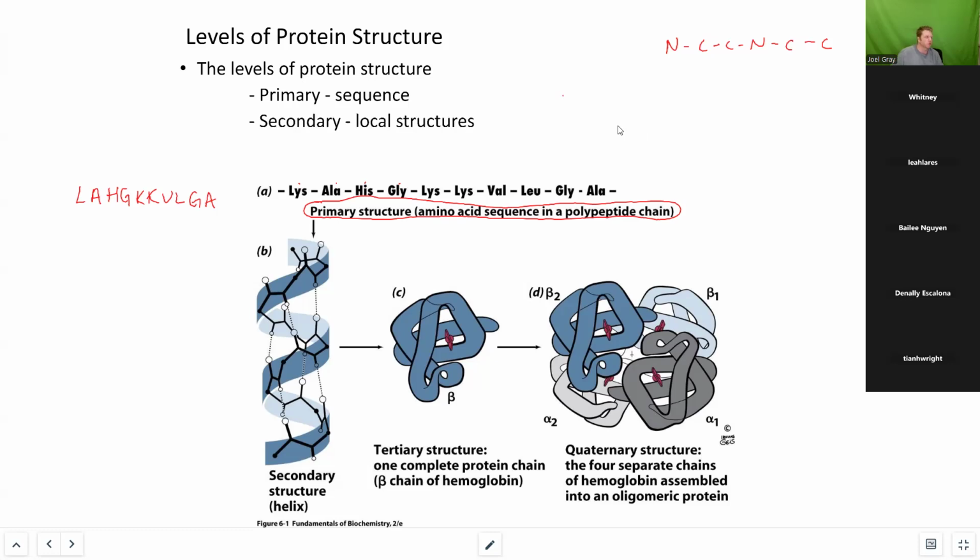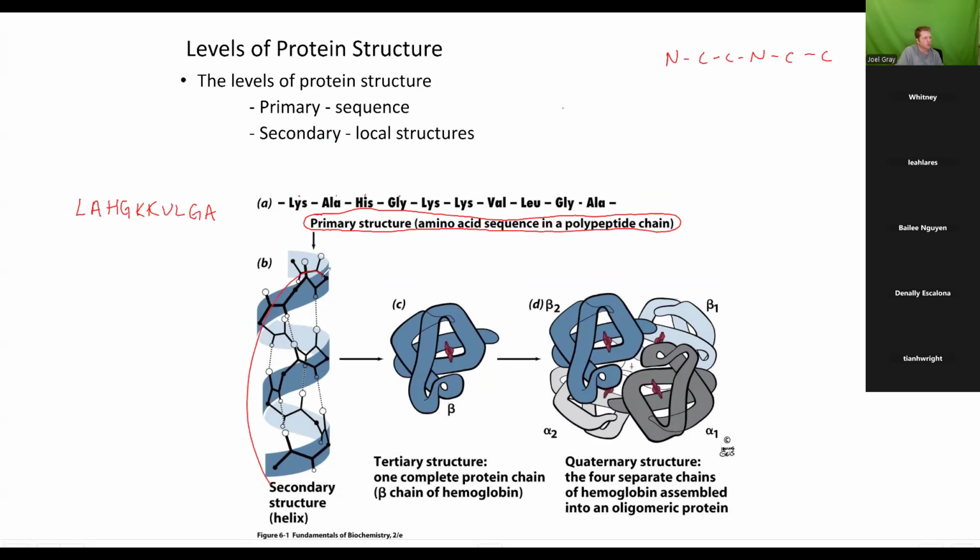Your secondary structure is this right here. One example of a secondary structure is an alpha helix. The secondary structures are commonly referred to as local structures because they are confined to smaller regions of the polypeptide.